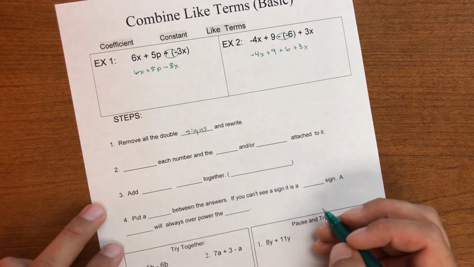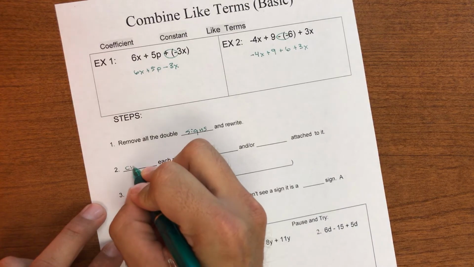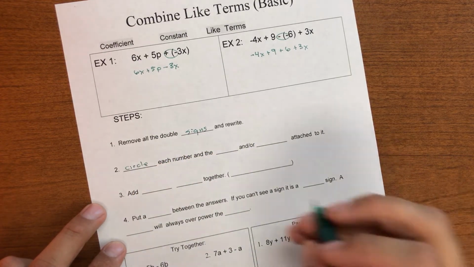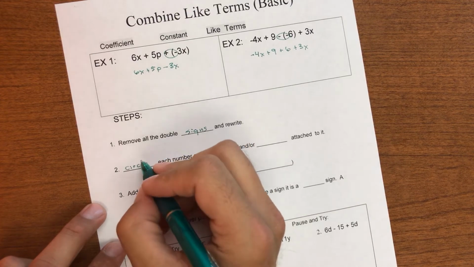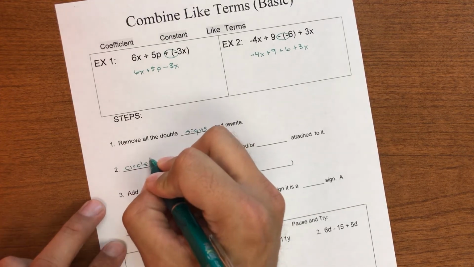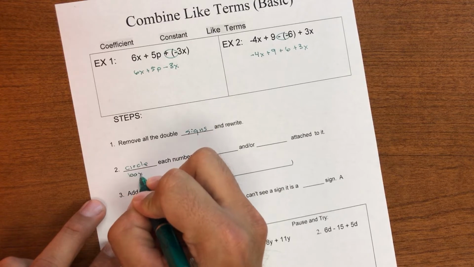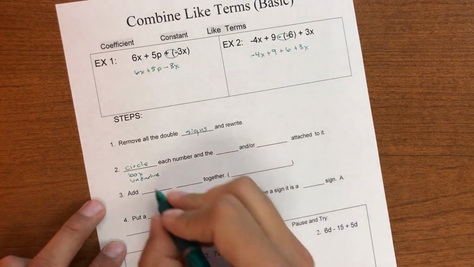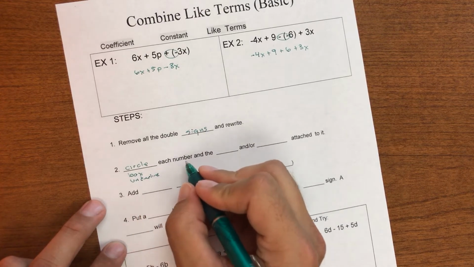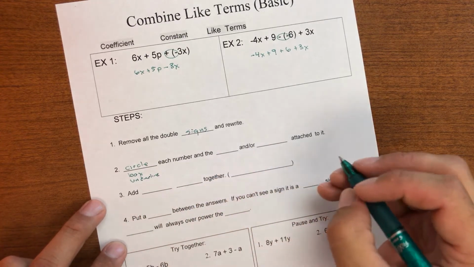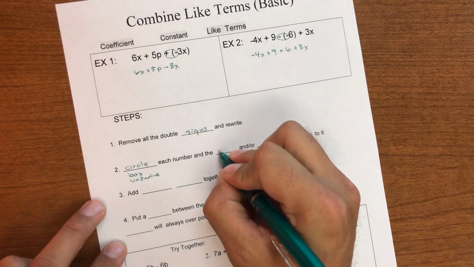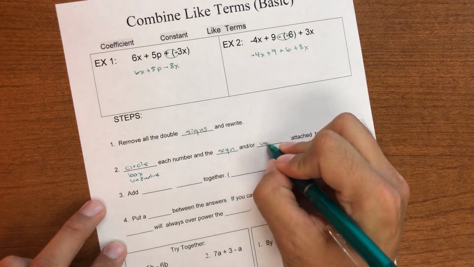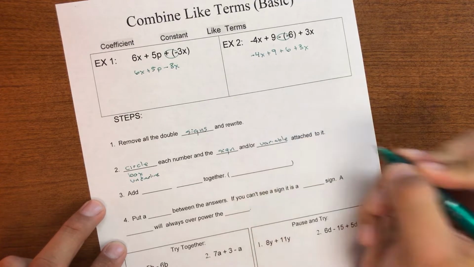Number 2, we are going to circle each number. We're going to add a little thing here. Not just circle, but we are going to circle, or we might box, or we might underline, because we're going to do a few different things. But we're going to circle, we're going to box, we're going to underline each number and the sign and the variable attached to it.